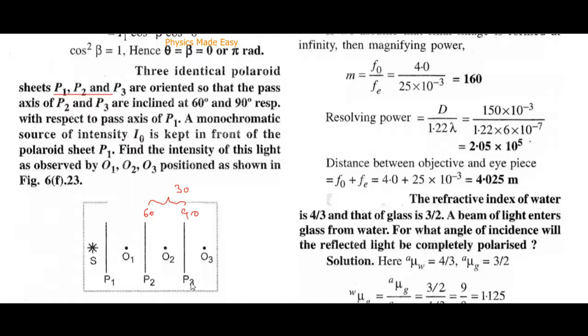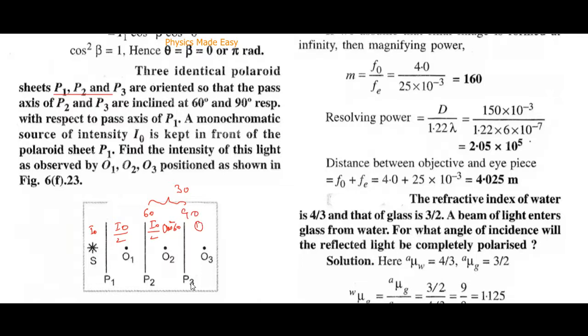Now what he says: a monochromatic source of light I naught is kept here. Its intensity is I naught. And here intensity will be I naught by 2. And here intensity will be I naught by 2 cos square 60. And here intensity will be, for example, O3.